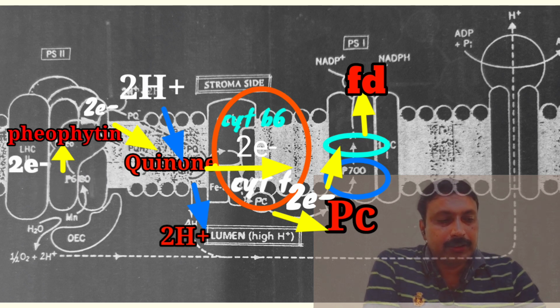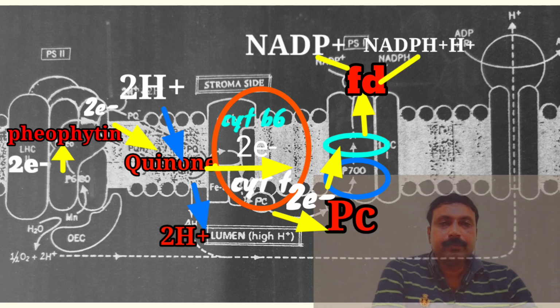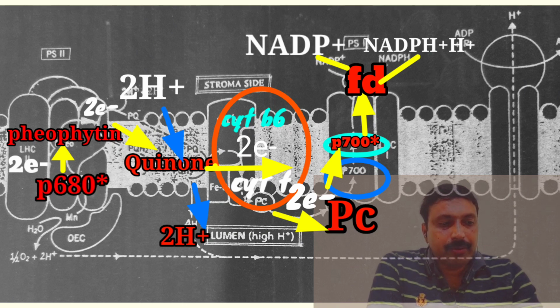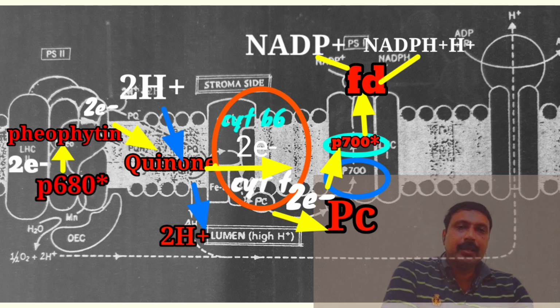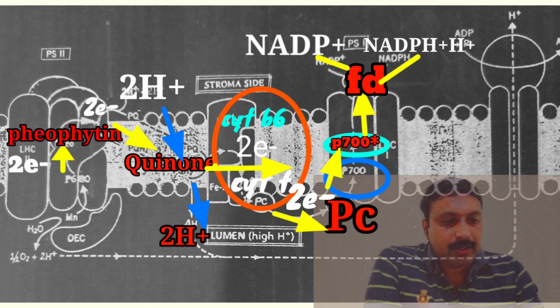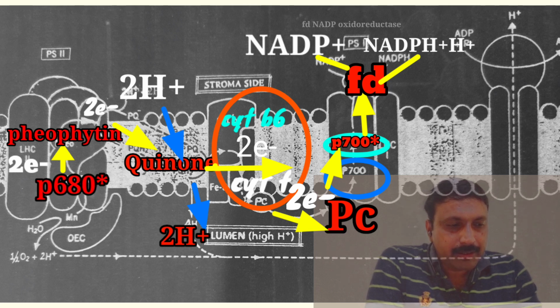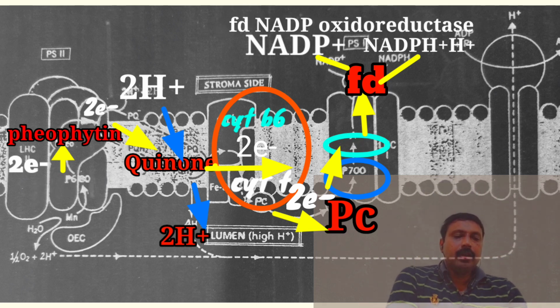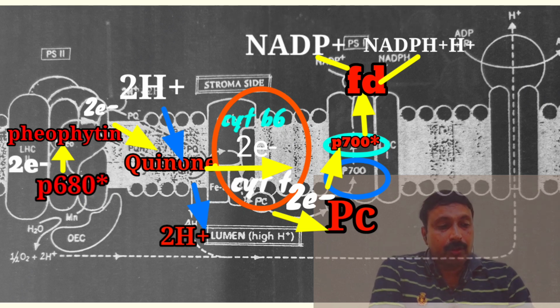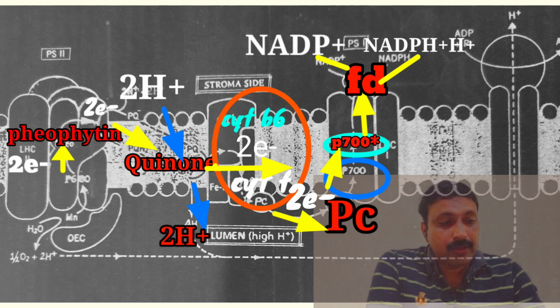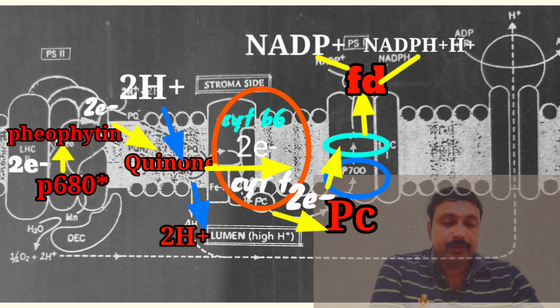Now the ferredoxin donates a pair of electrons to NADP. Now the NADP is reduced to NADPH2 in the presence of FD NADP oxidoreductase. Now how many NADPH2 are synthesized? First only one. We will discuss that later.